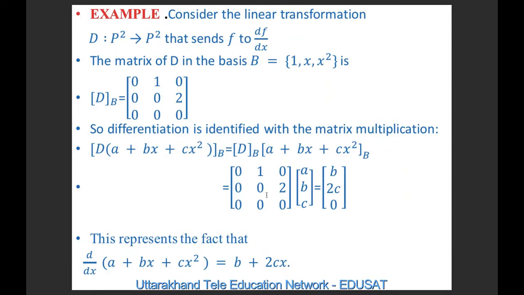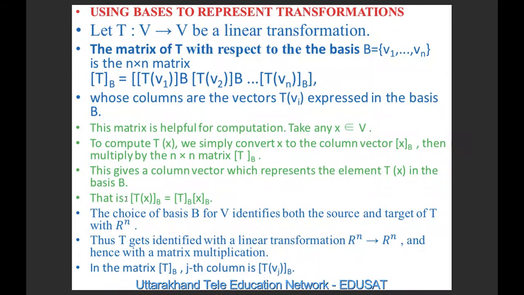Then 0 into a plus 0 into b plus 2 into c, so we have 2c. And 0 into a, 0 into b plus 0 into c, so here we have 0. So we have obtained the matrix [Tx]b.